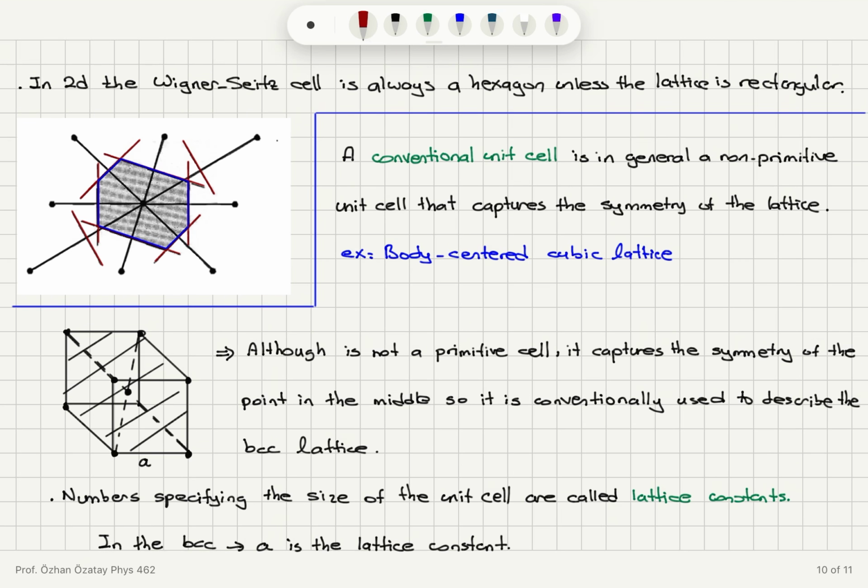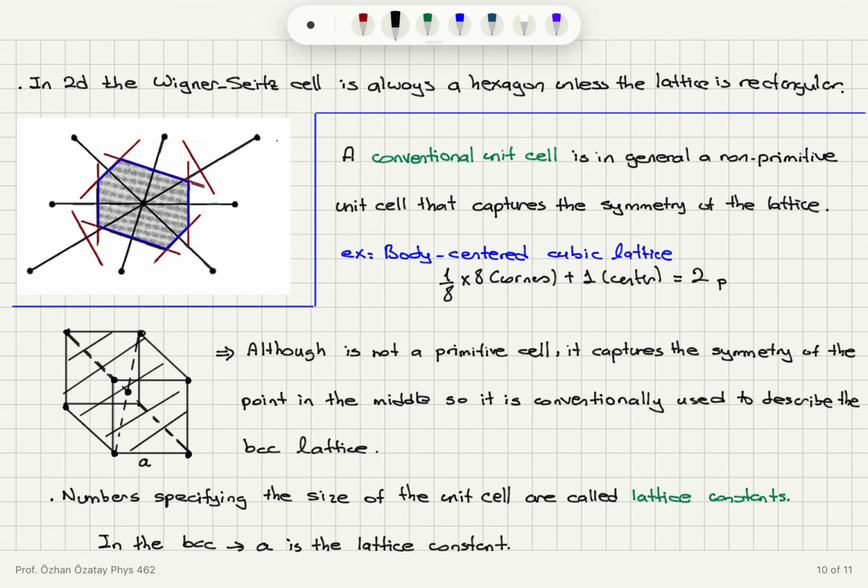However, it captures the symmetry of the crystal, so it is preferred in discussing the crystal structure. For example, in the body-centered cubic lattice, if I calculate the number of lattice points, this would be 1/8 times 8 from the corners and 1 from the center point.